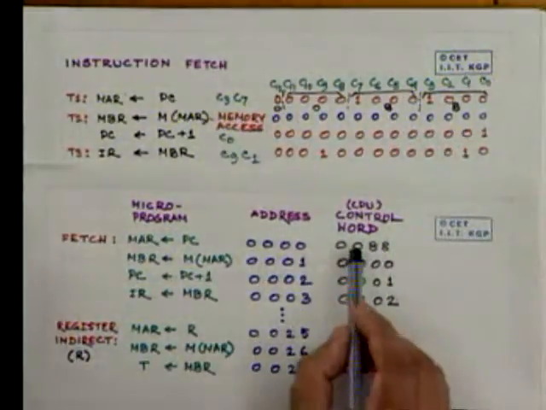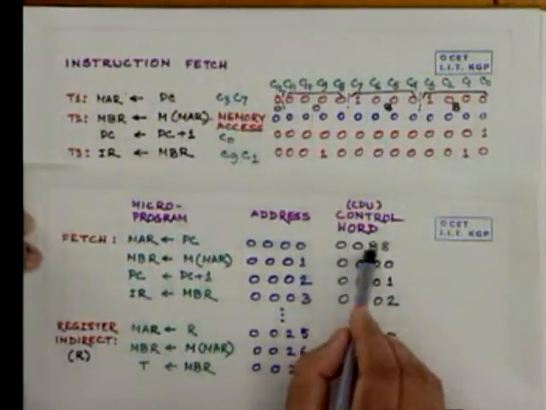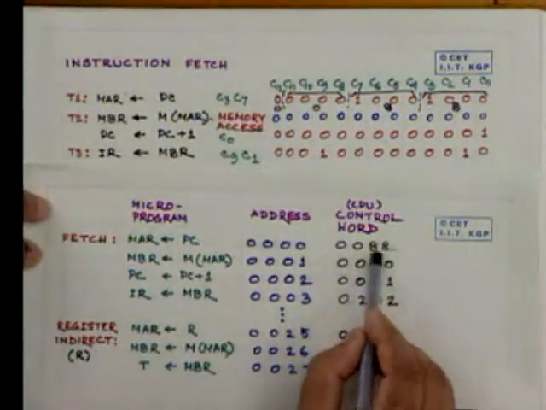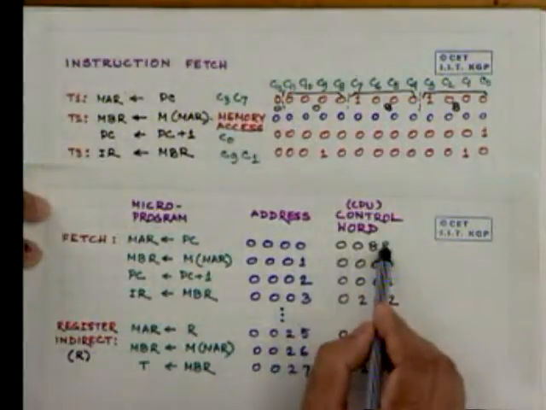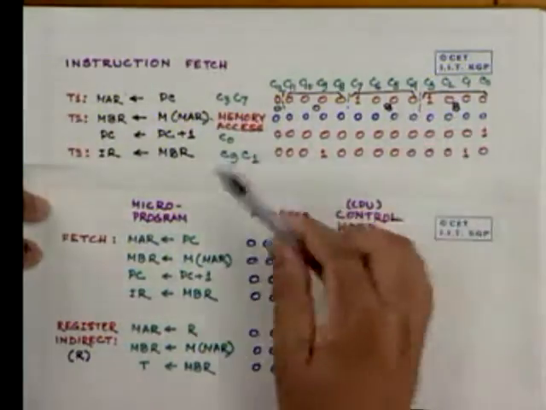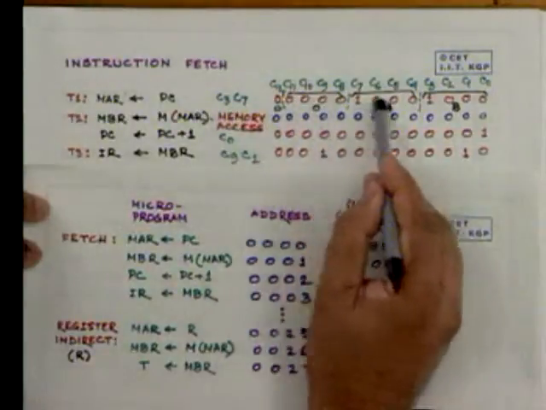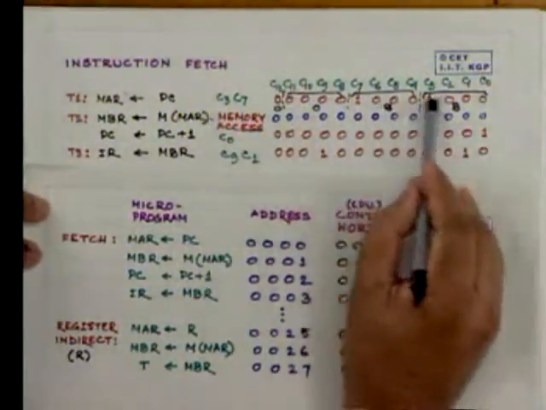For example, if the control word is 0088 and this is memory, and if we fetch the content of this memory location, then this will be the output that will emerge from that memory, shown in the red line.